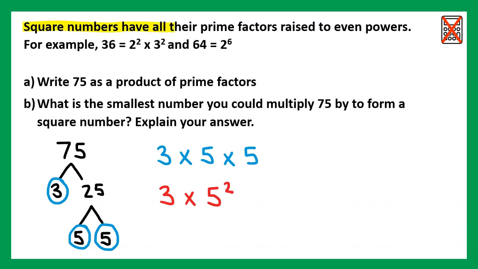Now because we said that square numbers have to have all of their prime factors raised to even numbers, to work out the smallest number we could multiply 75 by to get a square number, we would need to ensure that this prime factor that was currently raised to a power of 1 would need to be changed to the lowest even number, which would be 2. And to do that, that would involve multiplying the 3 by itself, or multiplying by 3 again.